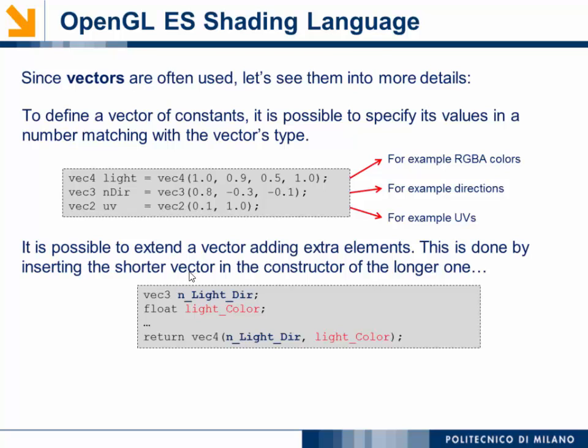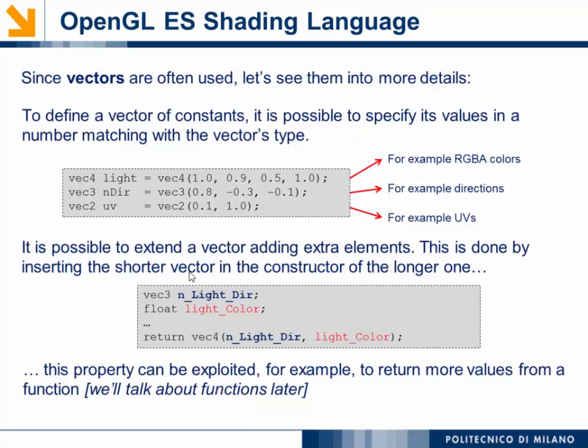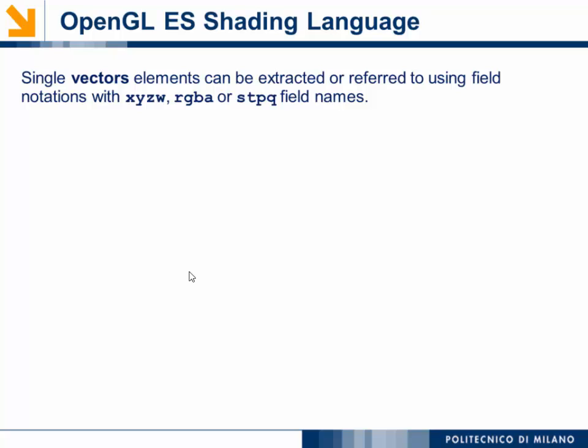You see in the return that we are creating on the fly a vec4 that is going to have as the first three values the vec3 and as a fourth value the float number. And this is quite useful. We will see why.